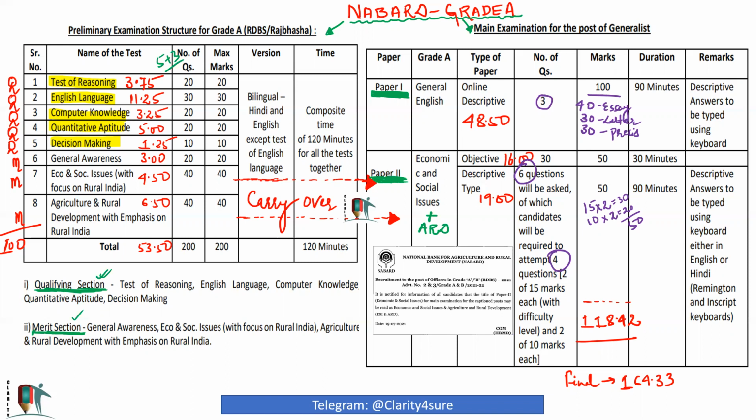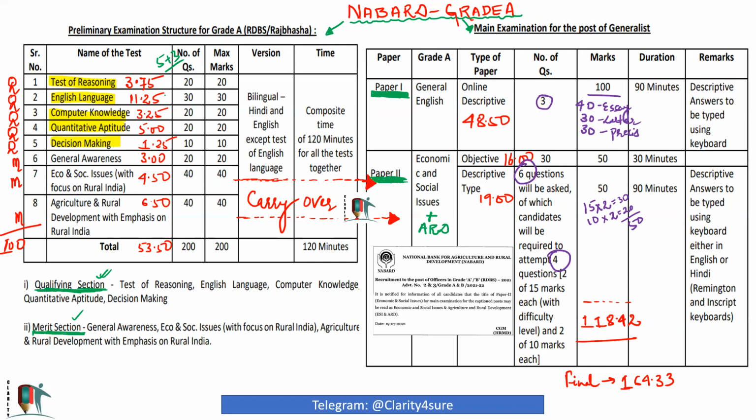sectional cutoff. Now, what are the sectional cutoffs and how many marks do we have to gain? I have given all the marks in red color. See, reasoning, out of 20, last year's sectional cutoff was just 3.75. You just have to do 2, 3, 4 questions correctly, and you can easily qualify the sectional cutoff. So you don't have to invest a lot of energy in studying this qualifying section, either reasoning, English, or computer.